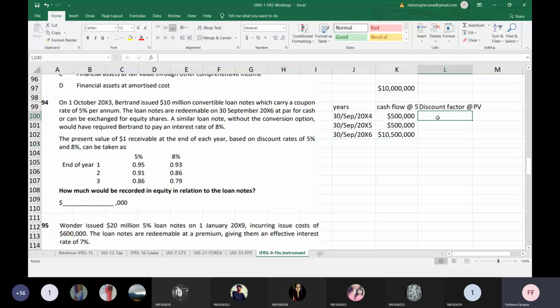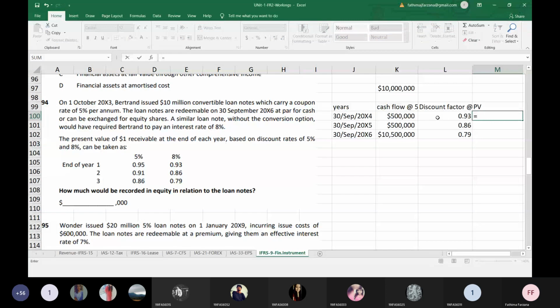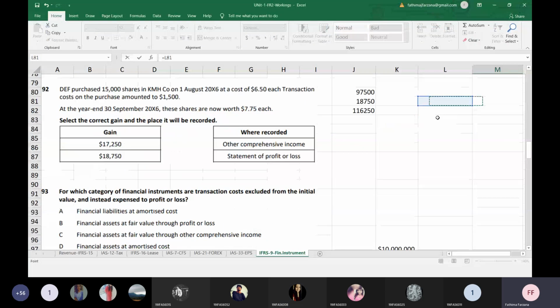Now coming to the discounting factor at 8%, I'll be taking 0.9, and so on. They've given it, you need not compute it. They've given it, so just take it as such and do it. 0.79. So how will you compute the present value? It is equal to the cash flow at 5% into the discount factor at 8%.